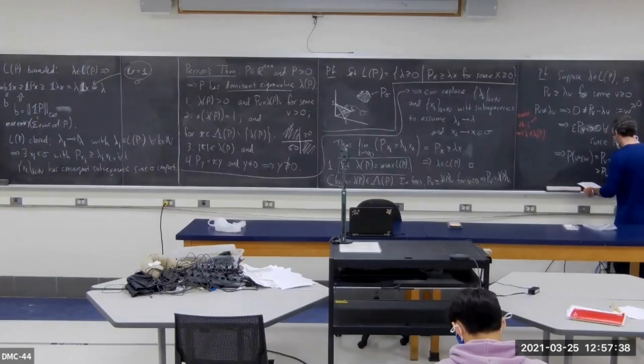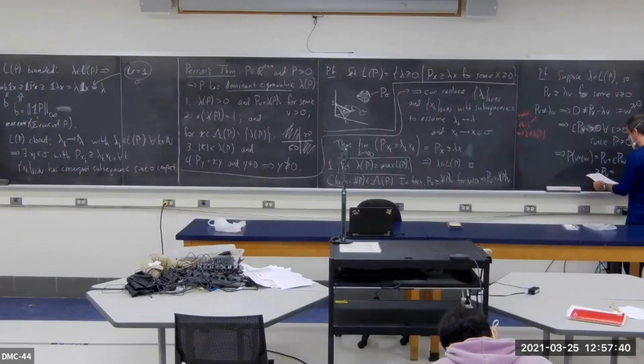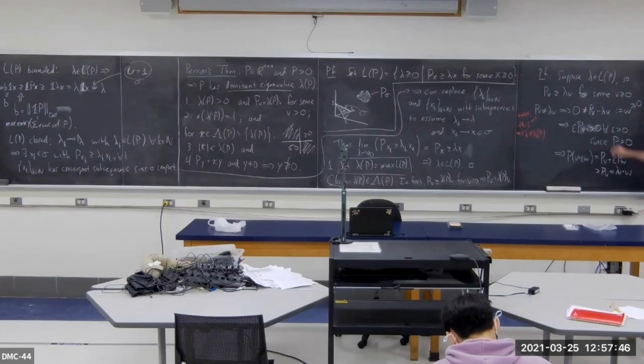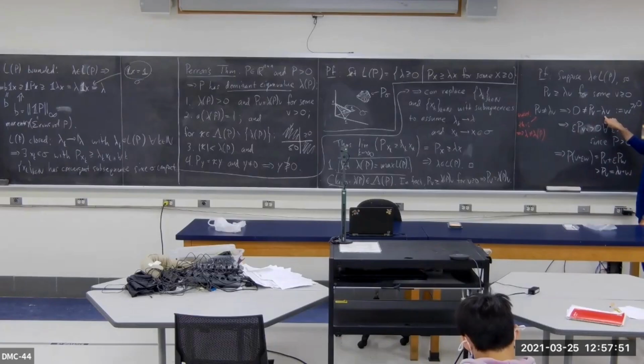What's PV? PV is lambda V plus W, right? W is PV minus lambda V. So PV is W plus lambda V. Yeah?